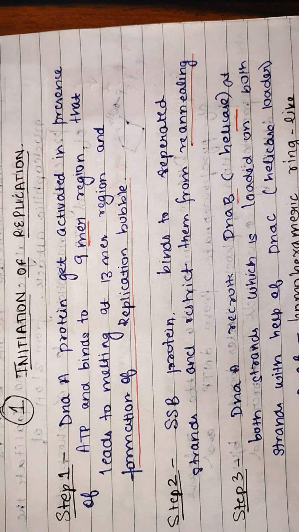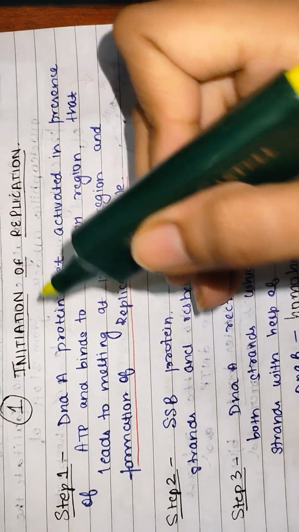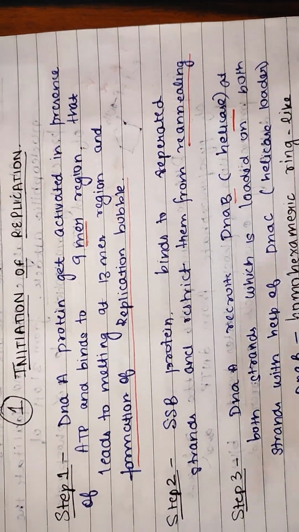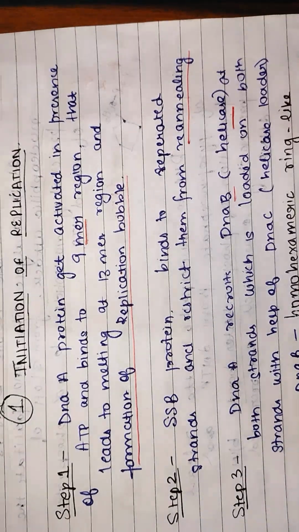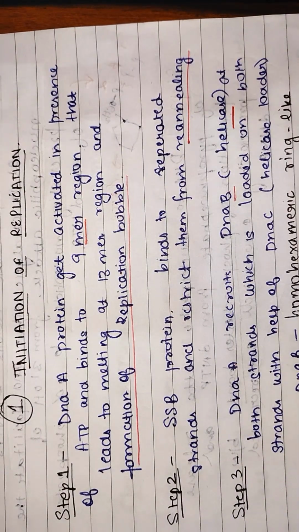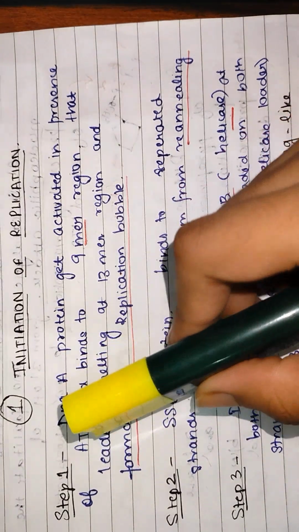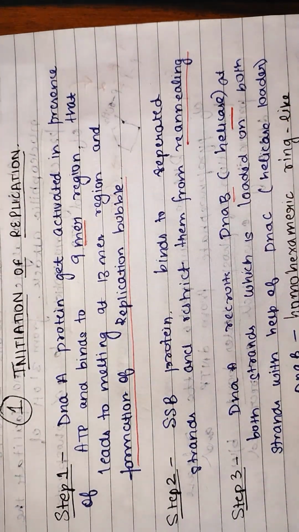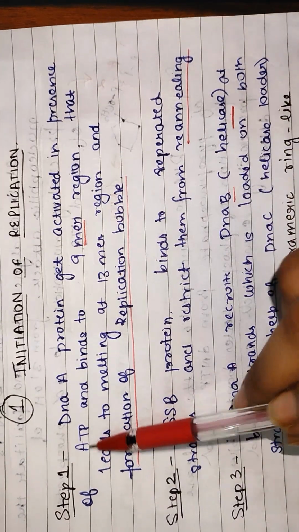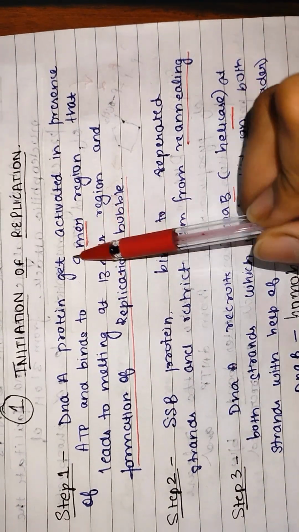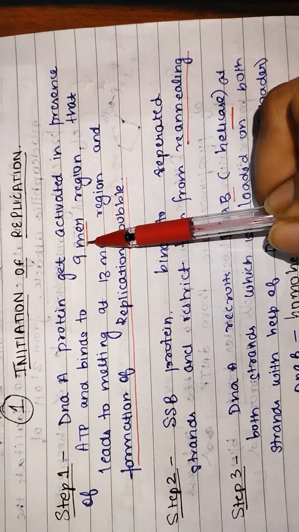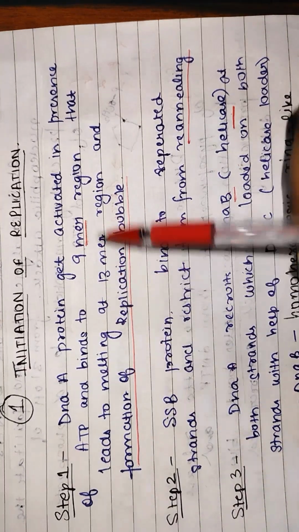The first step in the initiation of replication is the formation of the replication bubble. Now, how does the formation of the replication bubble occur? There is a protein called the DnaA protein. This DnaA protein will get activated in the presence of ATP and will bind to the 9-mer region, and its binding will cause melting at the 13-mer region.